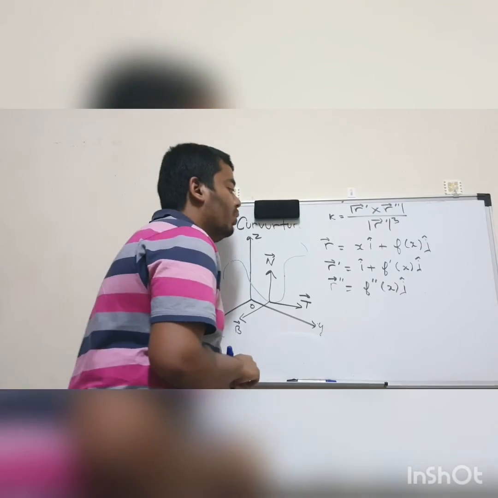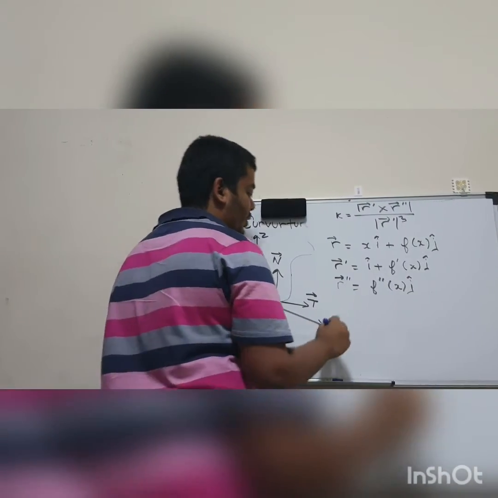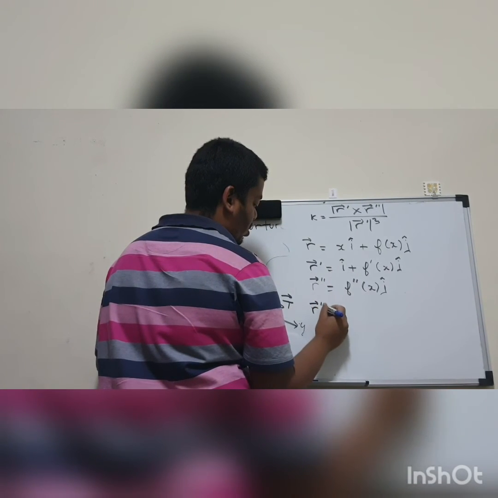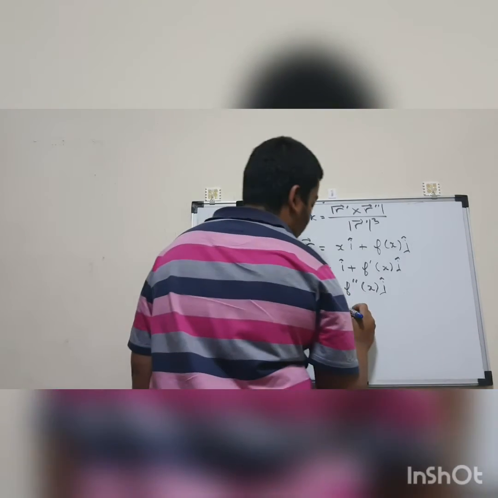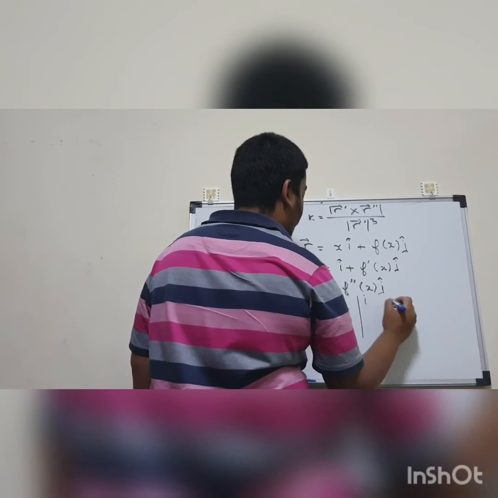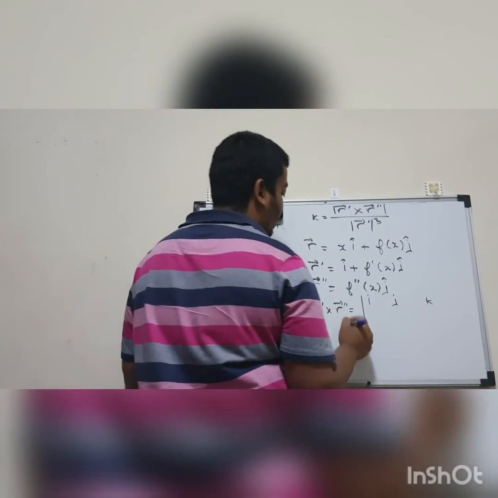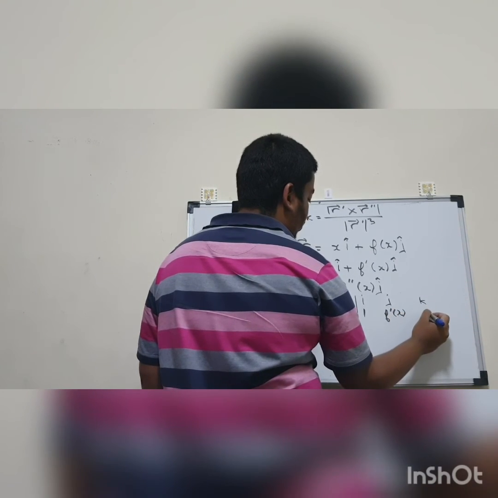So r prime into r double prime, what does it actually give us? It's actually giving us, we have the i, j, and the k values here. We will have here r prime will be 1, f prime of x, and then we'll have 0.